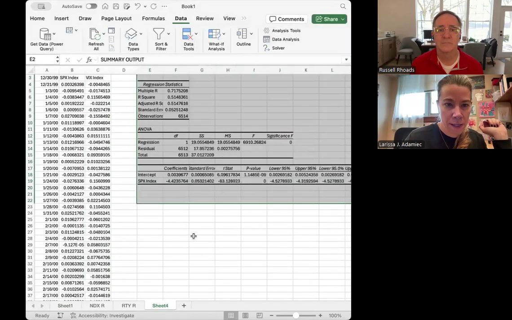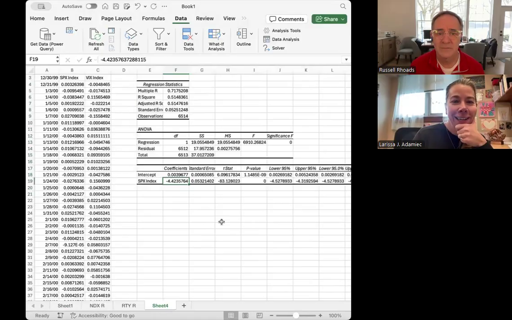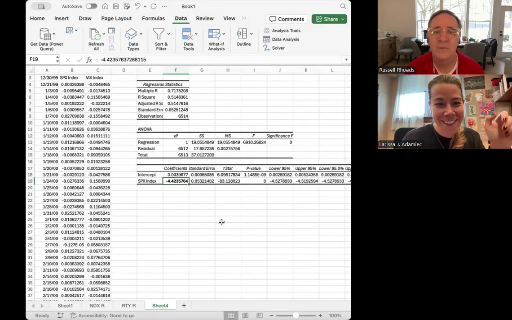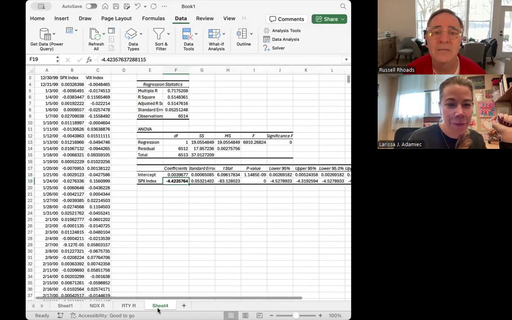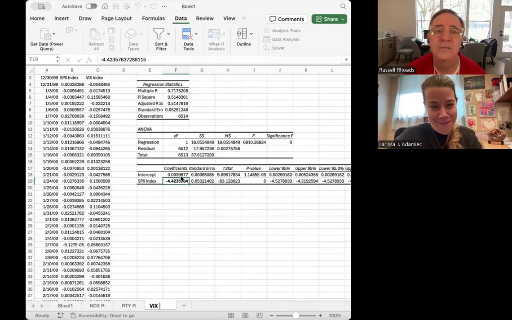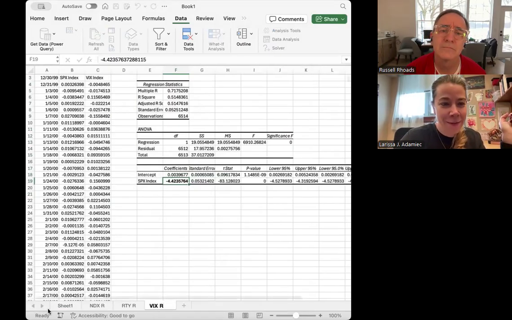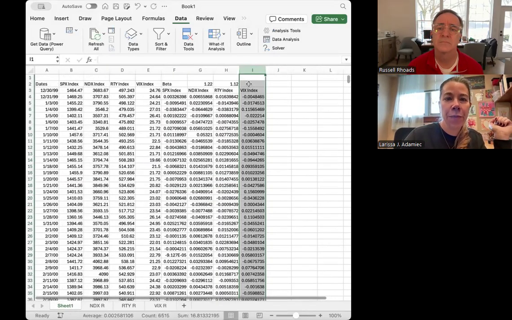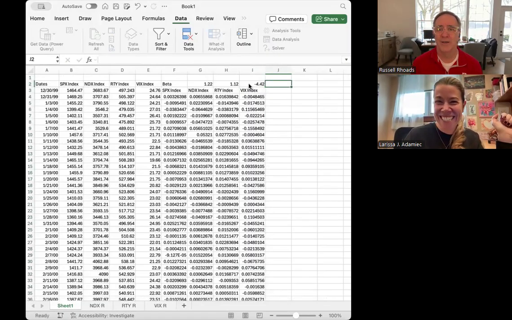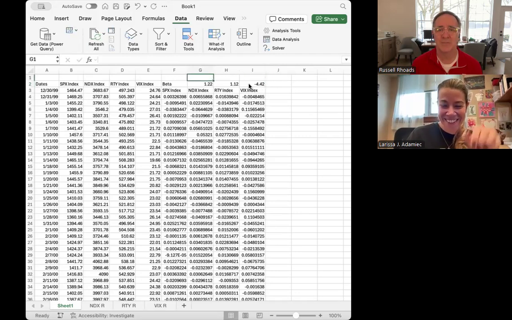Look at that, negative 4.42. Wow. That's interesting, about right, isn't it? That's why everybody gets all excited about VIX when the S&P 500 is selling off.